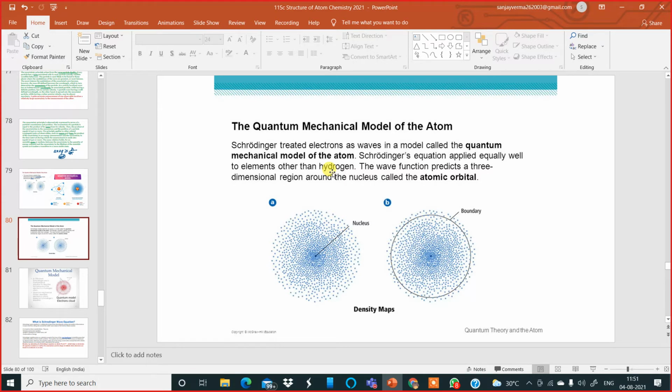You can see over there, this Schrodinger equation is applied equally well to elements other than hydrogen. The wave function predicts a three-dimensional region around the nucleus called the atomic orbital. So this is the main concept for the quantum mechanical model of the atom.